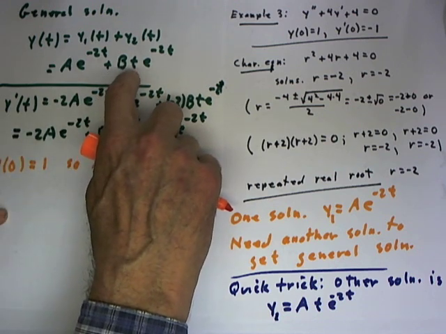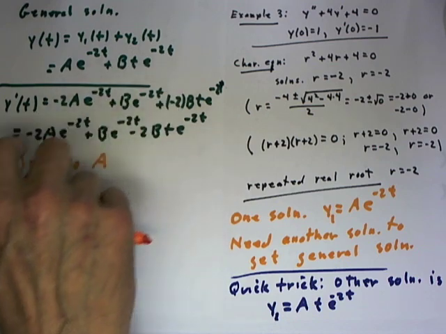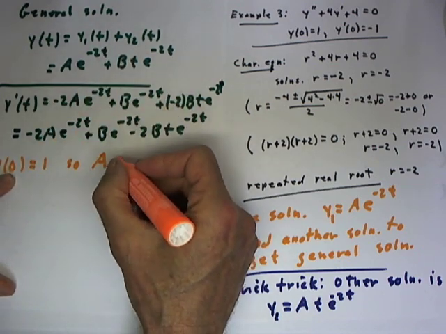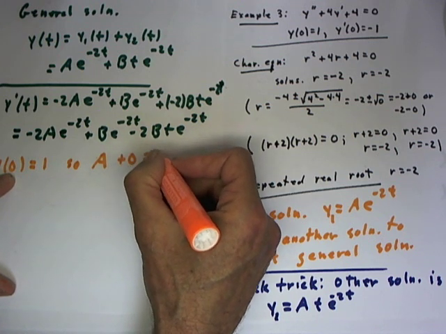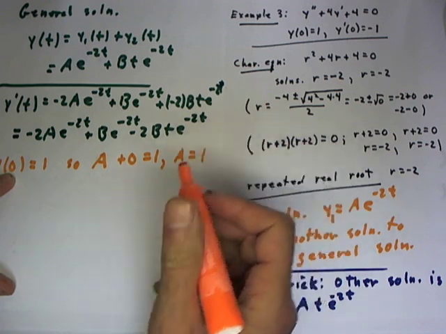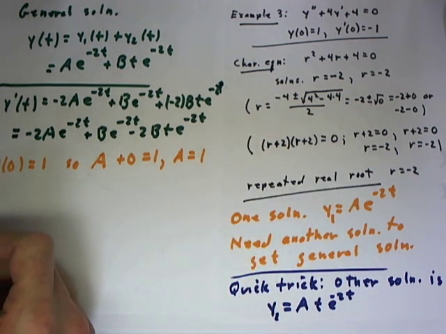And b t e to the negative 2t is 0 because t is going to be 0. The result being a plus 0 is 1, so that a equals 1.